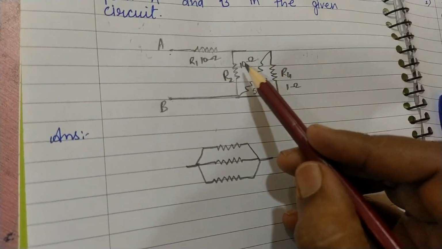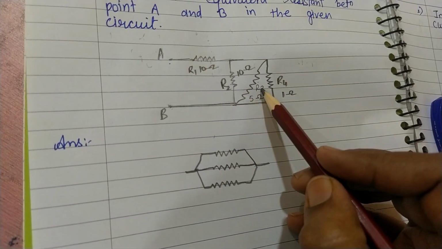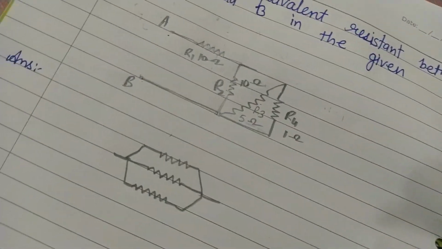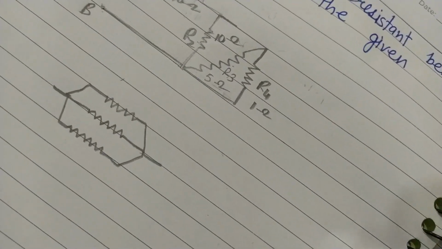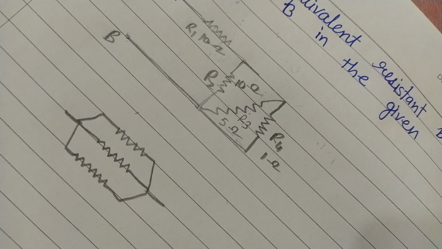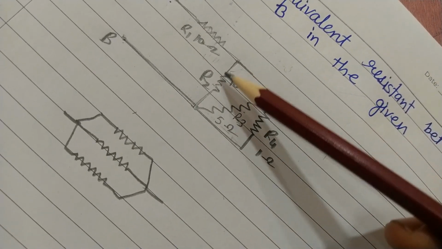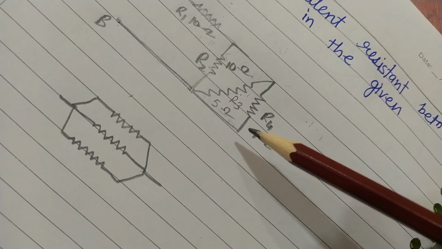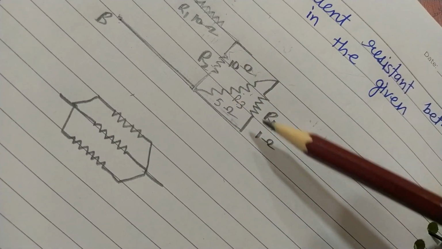Children, these 3 resistors, R2, R3 and R4, I'll rotate the camera. Just see the diagram. Can you see this? R2, R3 and R4 are connected in a parallel arrangement.